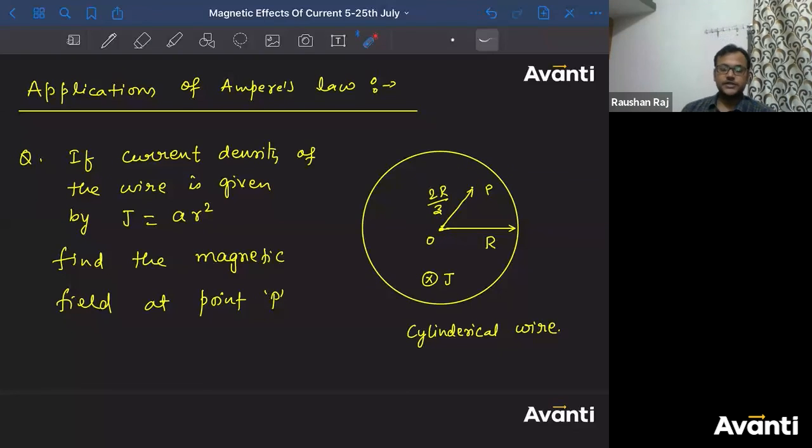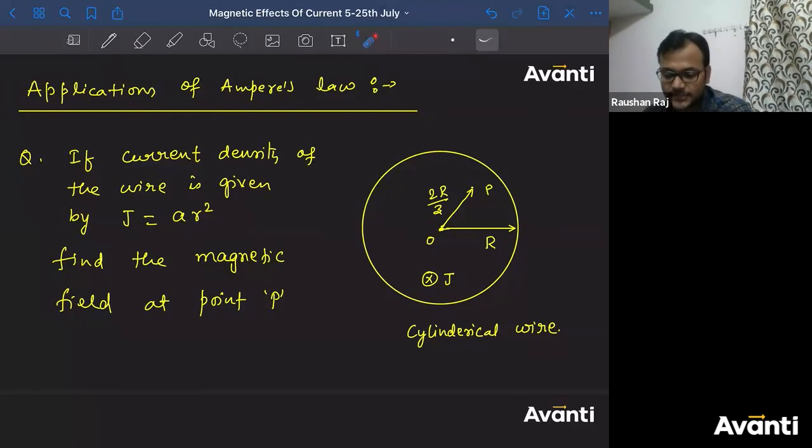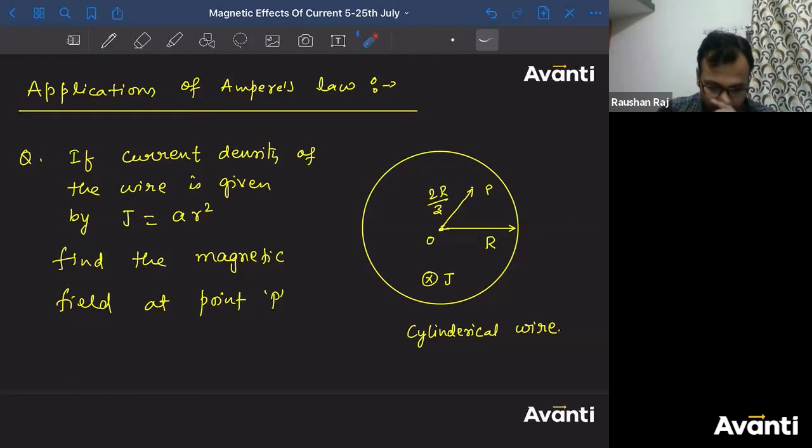Answer quickly. Use Ampere's law to get the answer. I hope most of you will get the answer because this is not that tough. What is the formula for Ampere's circuital law?